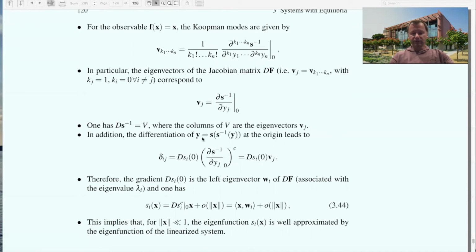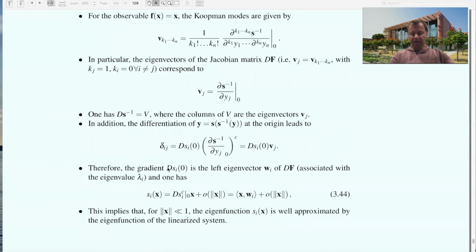And so if we also differentiate y, which we can write as S inverse S of y, and then use the chain rule, we get delta ij, which is precisely that. So this is the identity matrix, right? This is really the identity. This is dSi at 0, and this is just Vj.